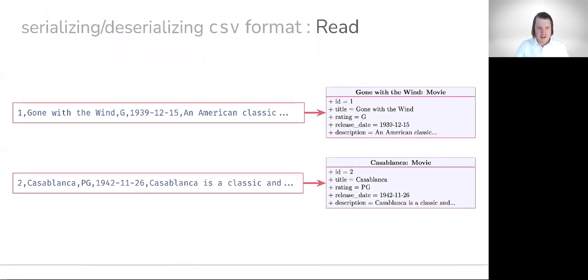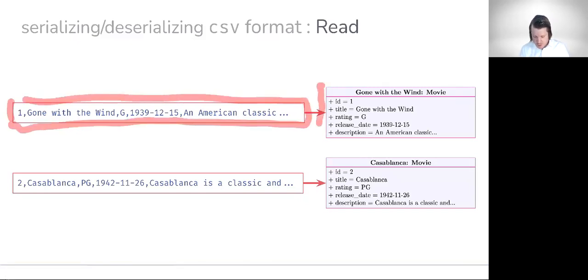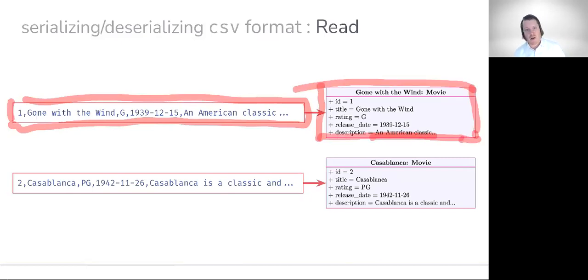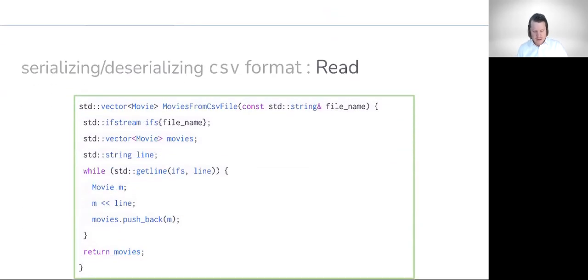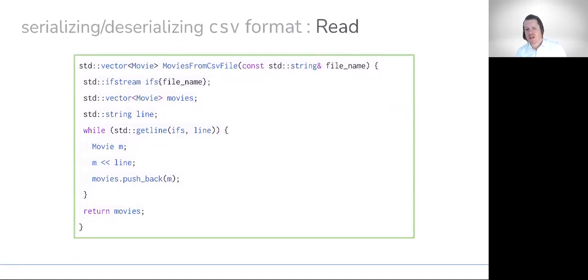So with that in mind, the next step is, if we're able to extract one of these from this string here, we're able to go to our in-memory representation. How can we do that for every single line within the CSV file? Well, it's not going to be that difficult. We can write a function called movies from CSV file, which takes the name of the file, binds that file to an input file stream, creates a new vector, which will store a collection of movies, and simply extracts a line from the file.